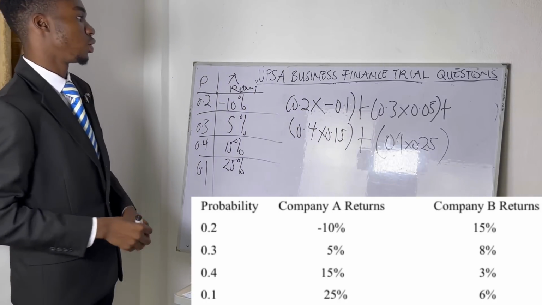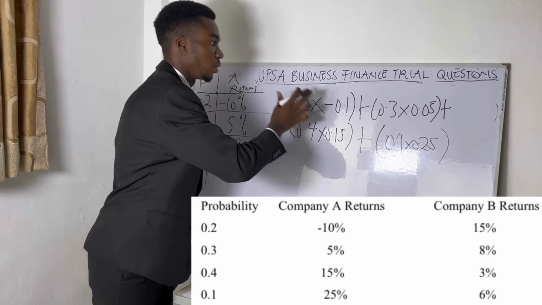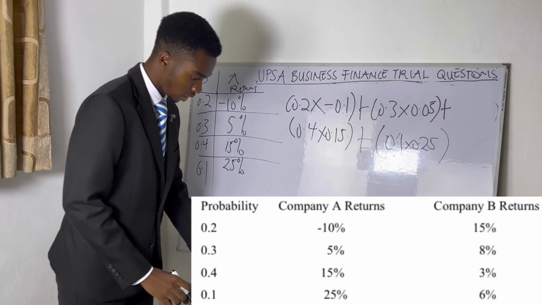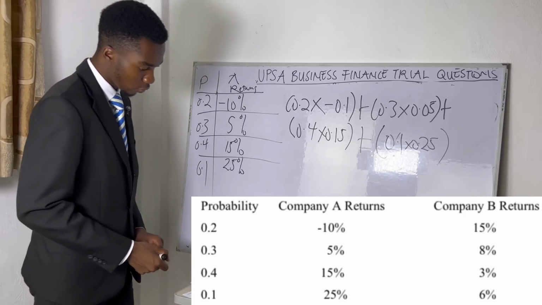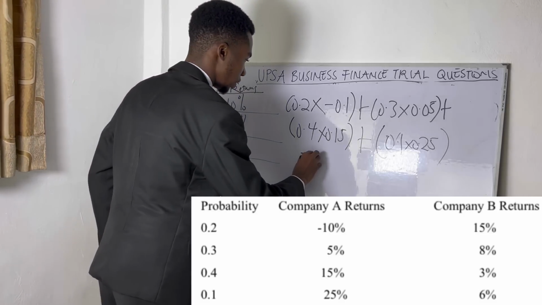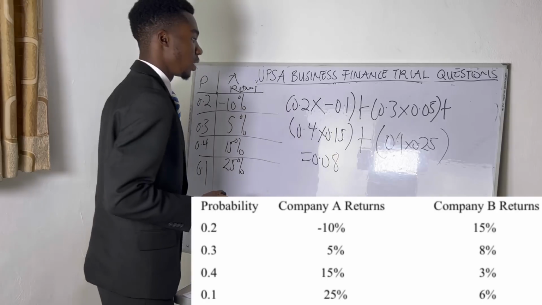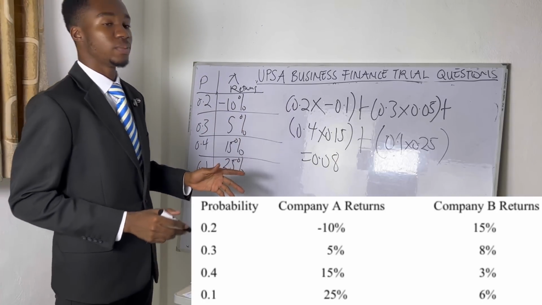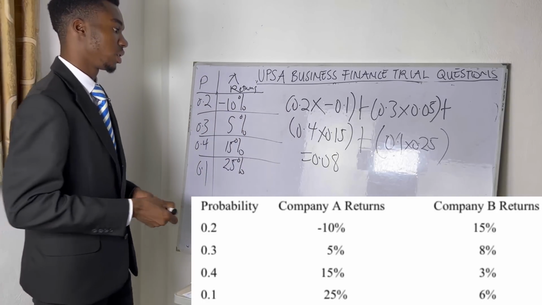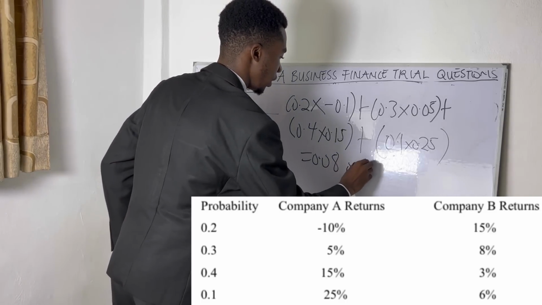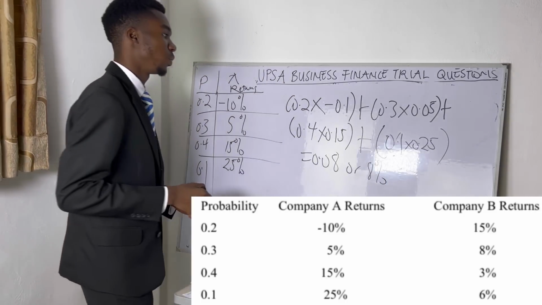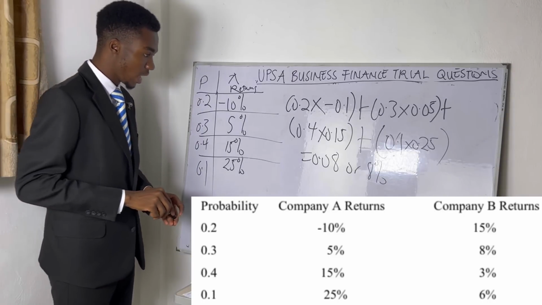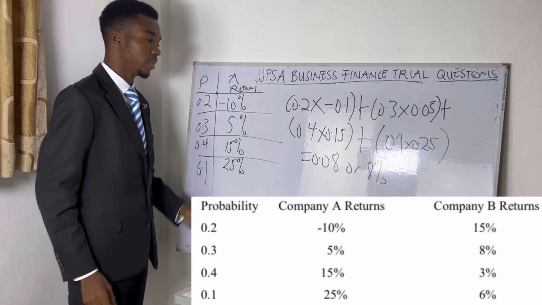So this is how you are going to do it. You punch all this on the calculator, and you should be getting 0.08. Then you multiply it by 100 so that you get the percentage. So you can write 0.08 or 8%. You can just write both of them. So that will be our expected return for company A.